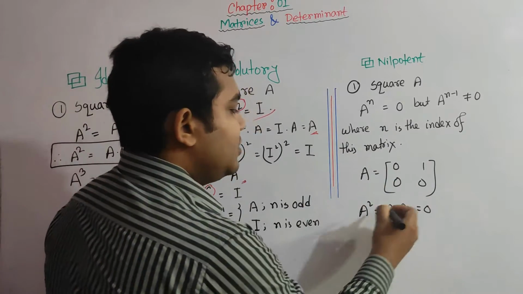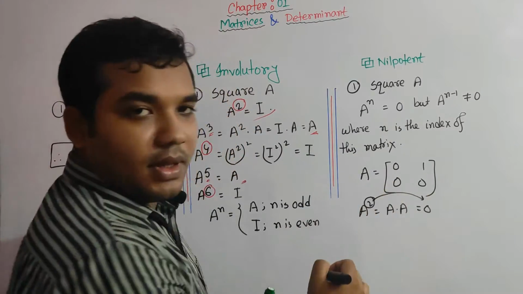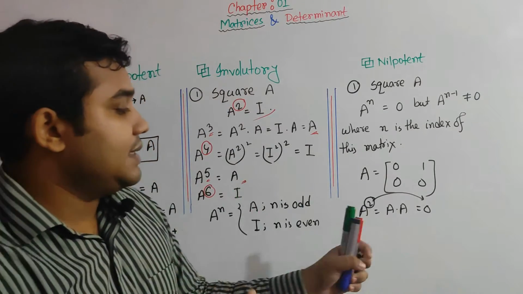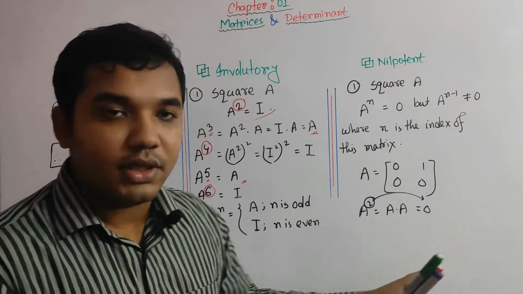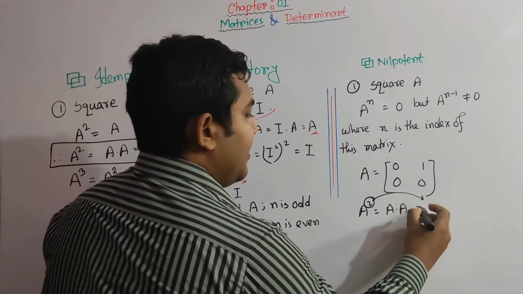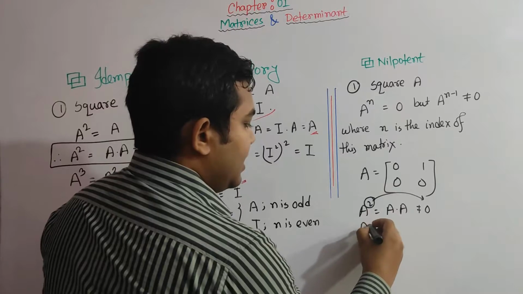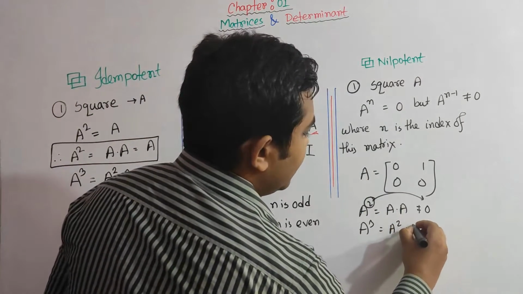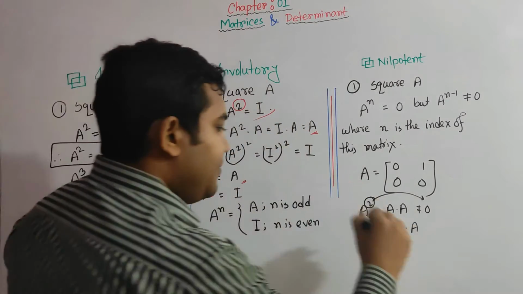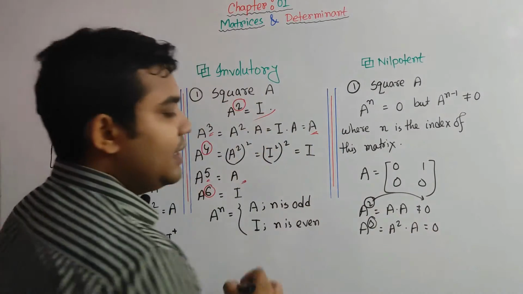If A square equals 0, then 2 is our index. But it can be that A square is not 0. If A square is not 0, then we have to go for the third part, that is A cube, where A cube is A squared times A. If it is 0, then 3 is our index.